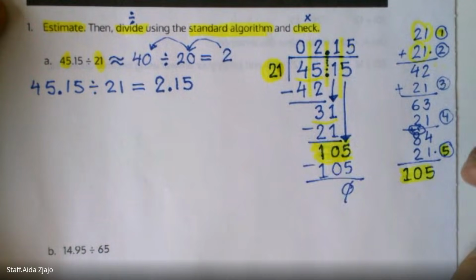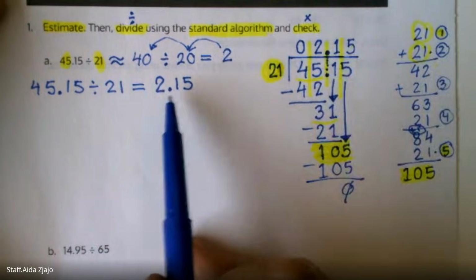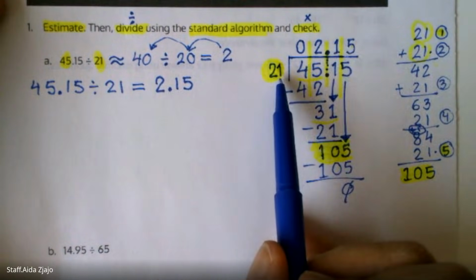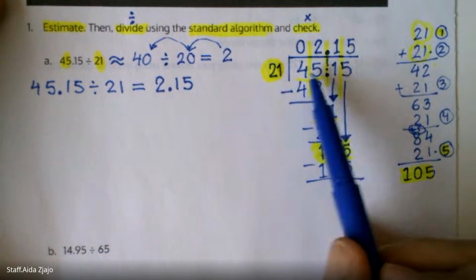It's a fact family. So what you need to do is our answer times 21 must equal this number.